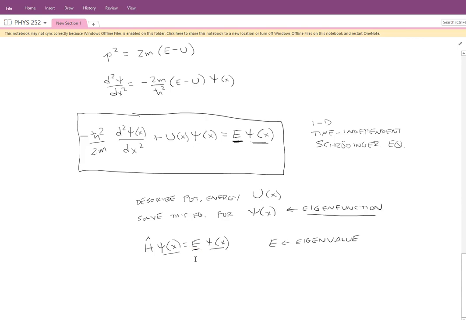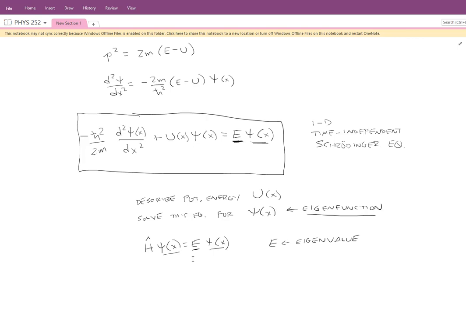This whole time independent equation is still very valuable information. If you solve for these eigenfunctions and find out what the energies are for these different states, that's really crucial information. You won't be able to say when the particle has this energy, so you won't be able to describe what's happening to the particle in time, but just knowing the allowed energies for this system and what these eigenfunctions look like is very valuable information.